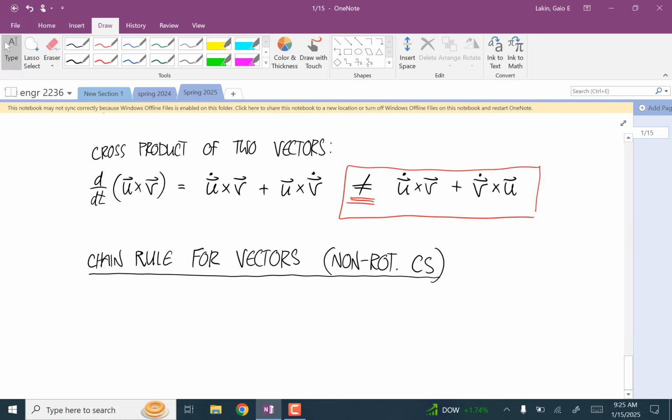And so what we're going to see is the time derivative of a function that's a vector.